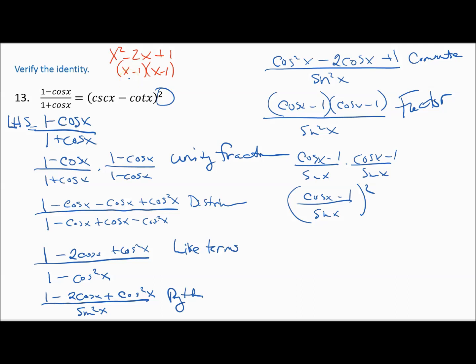Because I have cosine of x over sine of x minus 1 over sine of x, all squared. That gives me, this guy right here is cotangent of x minus this guy right here is cosecant of x, squared. Now look, I've done all these lines because I was getting carried away.